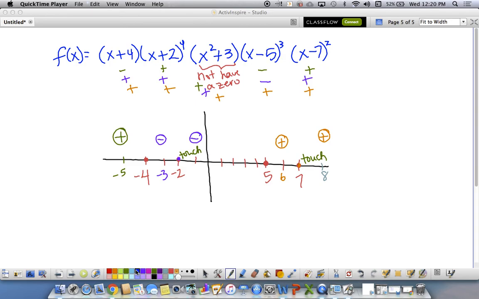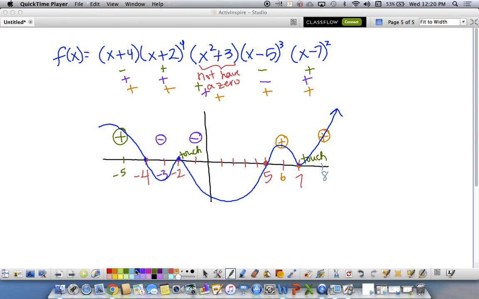Okay, so your graph should look like, it's coming from positive to negative. It's going to touch at negative 2, go back down to be negative. It's going to come up to be positive, come down and touch, and then go back up. That would be what your graph looks like.